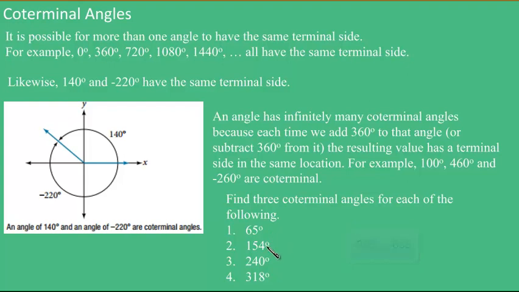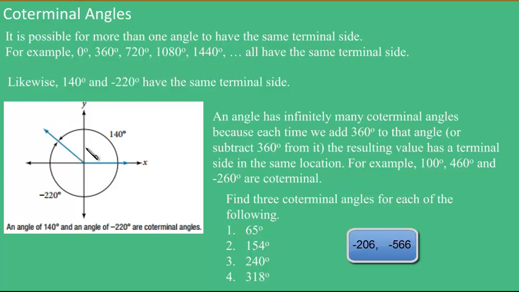And so we can do that for all of these. 154 plus 360 is 514, plus 360 again, 874. Or I could go the other way, 154 minus 360, minus 206, minus 360, minus 566.